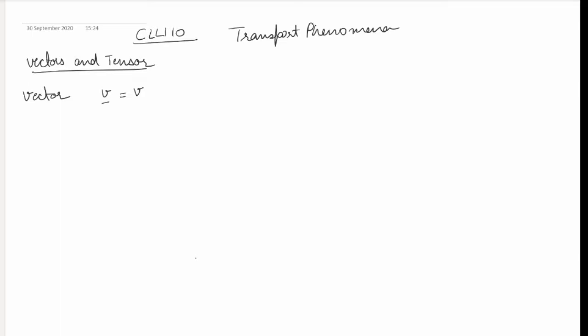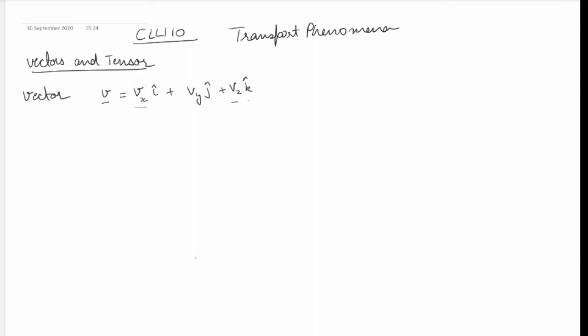So this can be written in terms of Vx i plus Vy j plus Vz k, where Vx is the component of vector V in x direction and i is the unit vector, Vy is the y component, j is the unit vector in y direction. Similarly, Vz is the magnitude of the component in z direction and k is the unit vector in z direction.